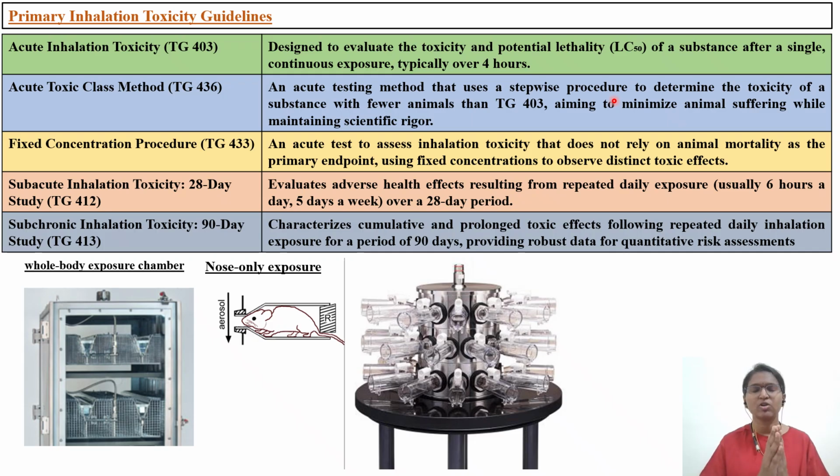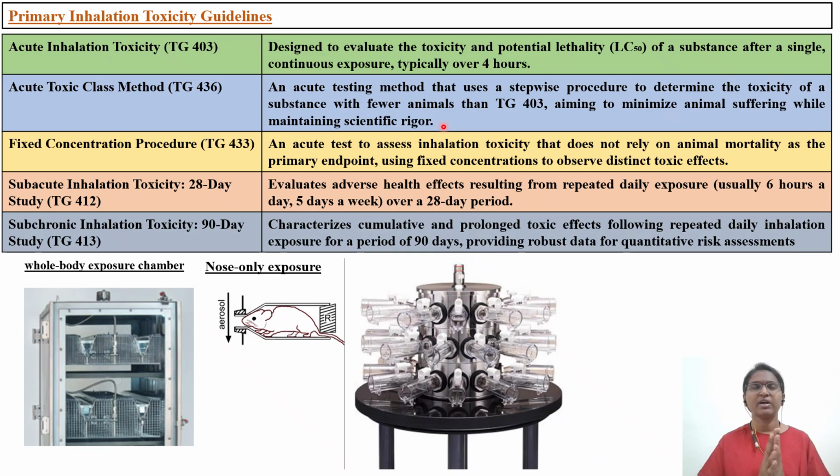So all animals will not be dosed immediately with a single dose. Using a stepwise procedure, I would ask you to go back and check the stepwise decision tree in the annexure or appendix, to determine the toxicity of a substance with few animals, minimizing animal suffering while maintaining scientific rigor.